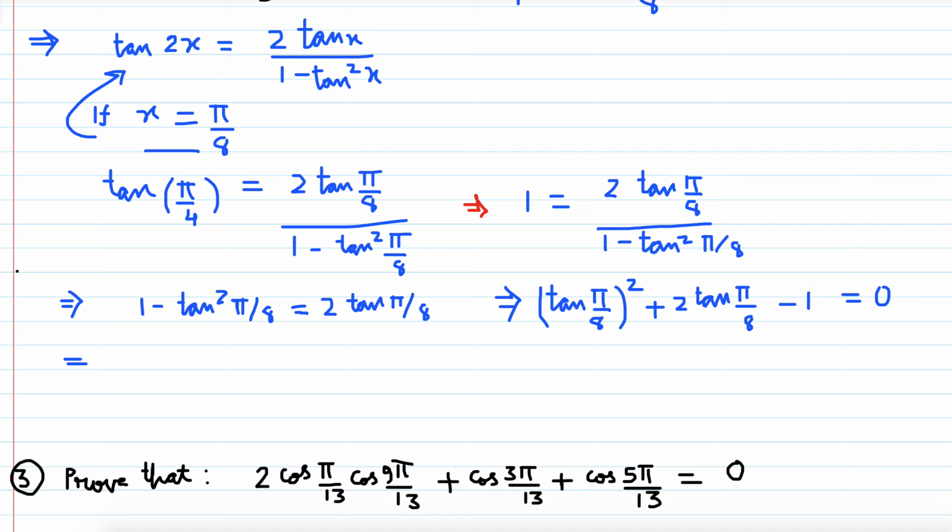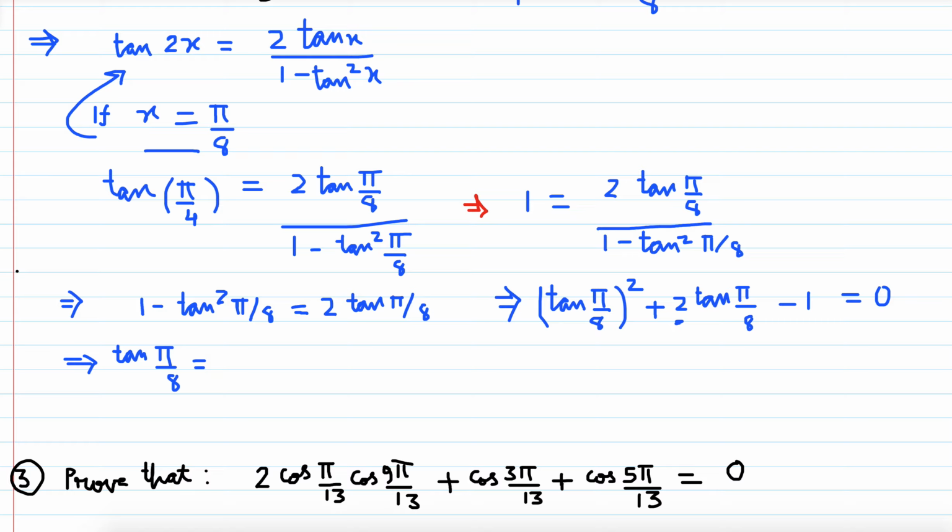So now we can use the solutions of quadratic equation to find tan pi by 8. So again, this is a quadratic equation. It will have two solutions, but we will pick one depending on the value of theta. So here this 2 is equal to b.